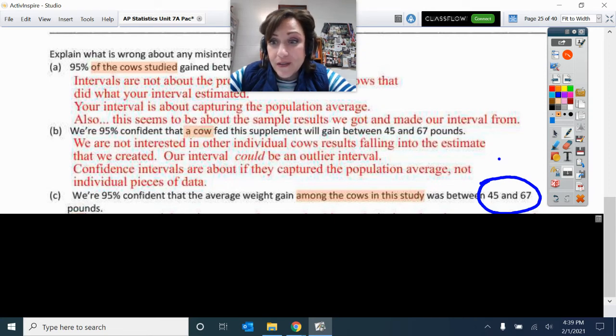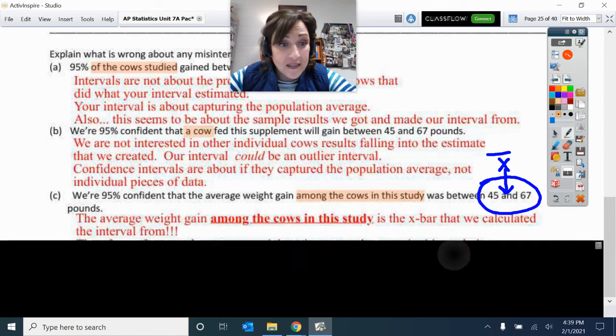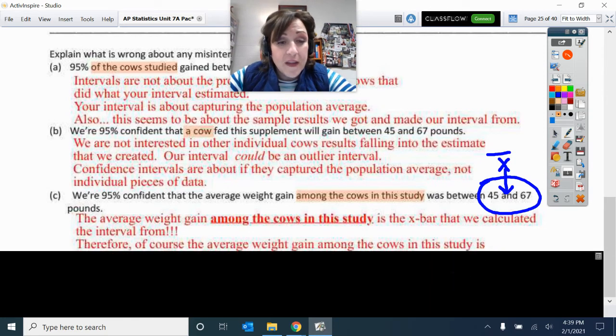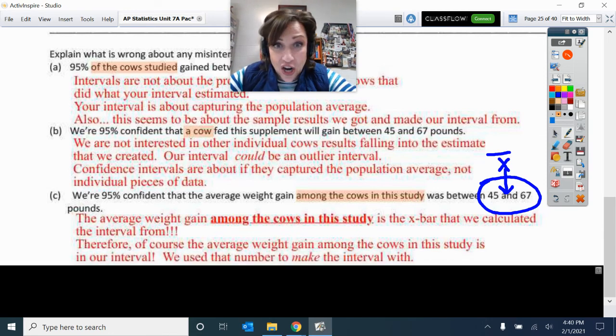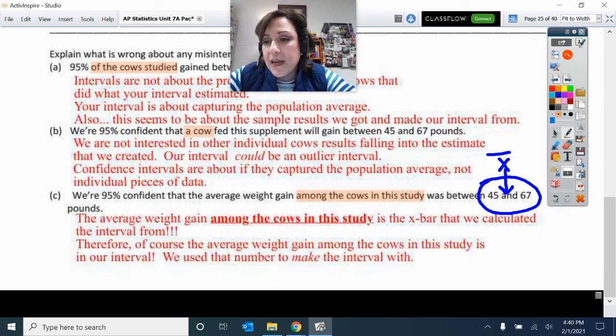So, duh, my X bar is smack dab in the middle. My X bar was 56. So the average weight gain among the cows in the study is that X bar that we calculated. Therefore, of course, the average weight gain among the cows in this study is in our interval. We used that number 56 to make the interval with. Okay, so that was what's wrong with that one.